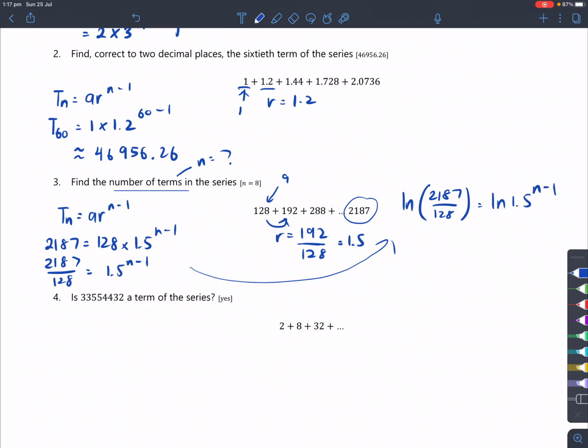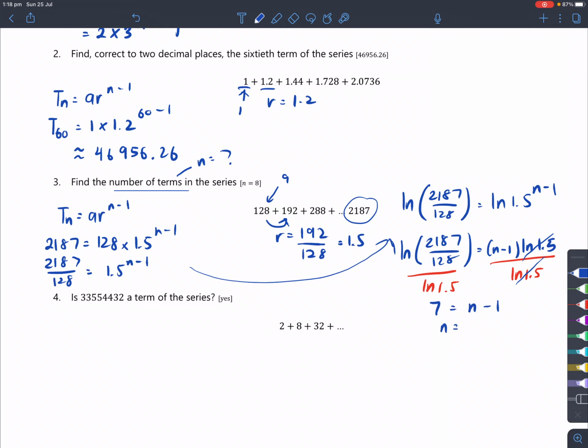Now, similar to before, we're going to bring the n minus 1 down the front, times log 1.5. I'll divide the log of 1.5 over. That goes away. So now if I do log of that fraction divided by log of 1.5, it gives me 7. So 7 is equal to n minus 1. So if I put 1 to the other side, I'll get the number 8.